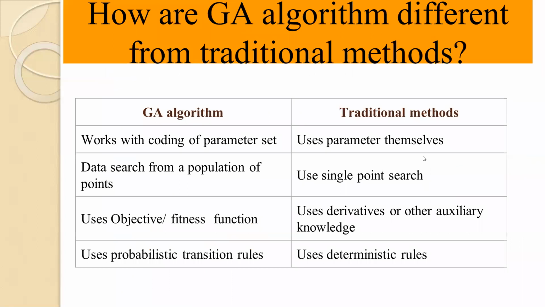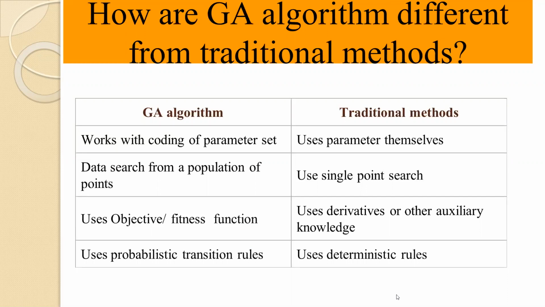This slide indicates why we are focusing on the genetic algorithm. As we know, the genetic algorithm works with coding of the parameter set, whereas in other traditional methods, the parameters themselves are used. The data search is a multi-point based mechanism, whereas traditional methods use only a single point tracing method.